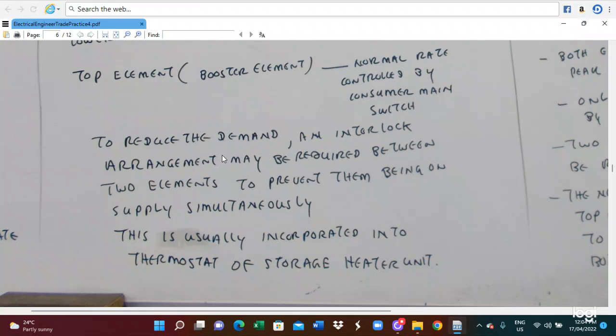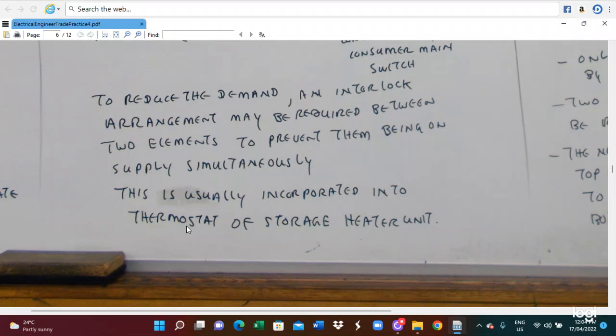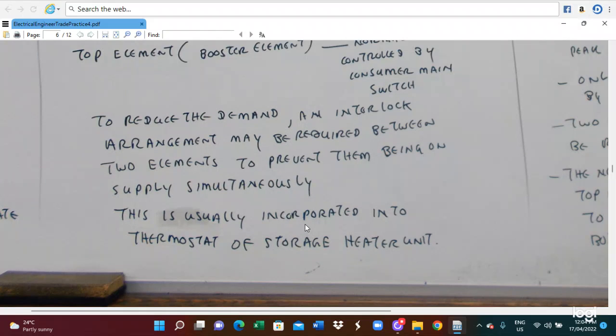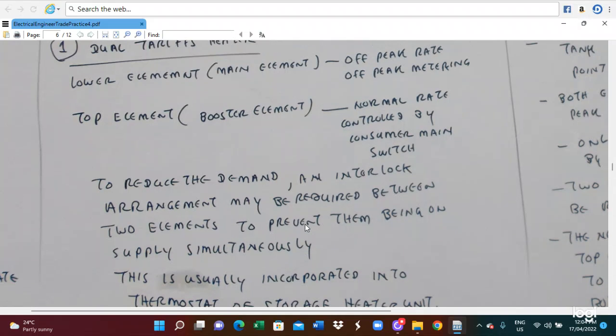This interlock is usually incorporated into the thermostat of the storage heater unit. So we put the thermostat in the storage heater unit to interlock the lower element and the top element.